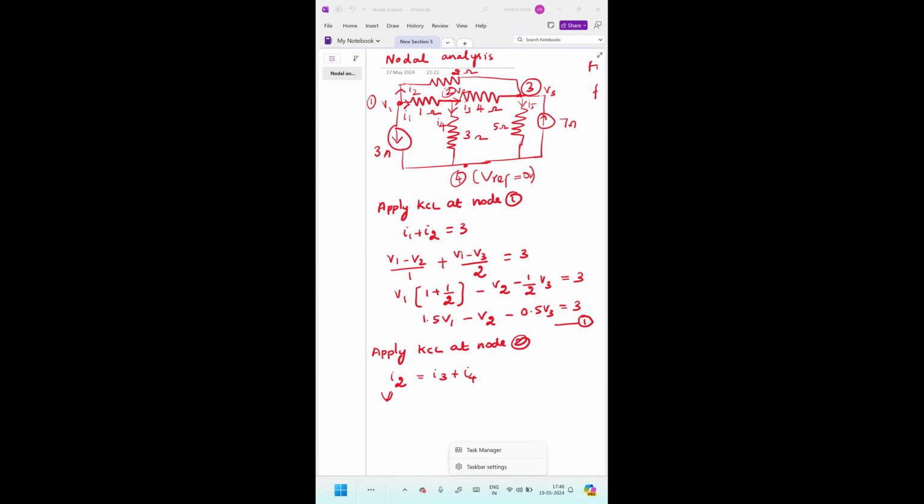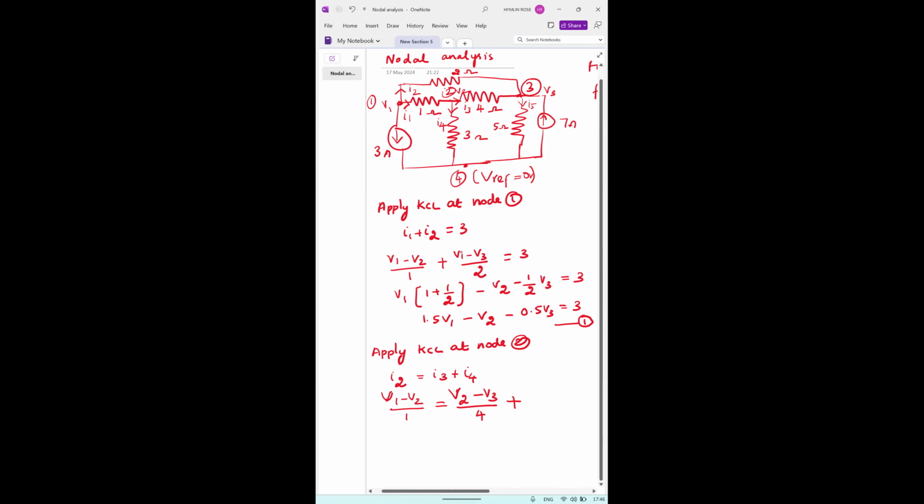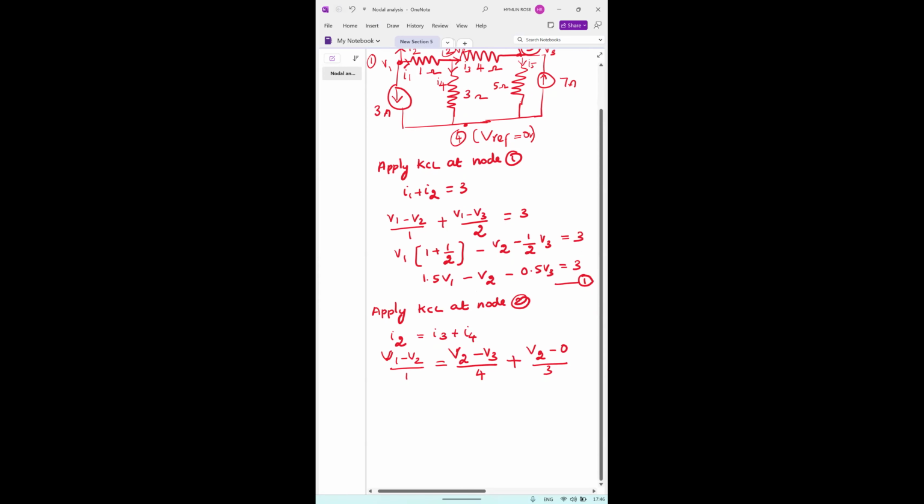It is (V1 minus V2) by 1. And what is I3? It is (V2 minus V3) by 4. And what is I4? I4 is between the reference potential and V2, so (V2 minus 0) divided by 3.